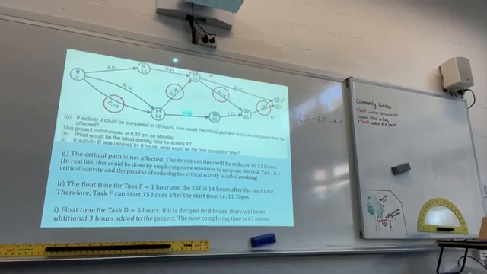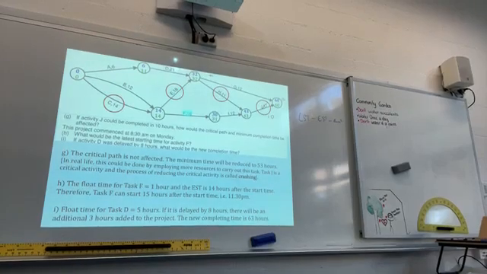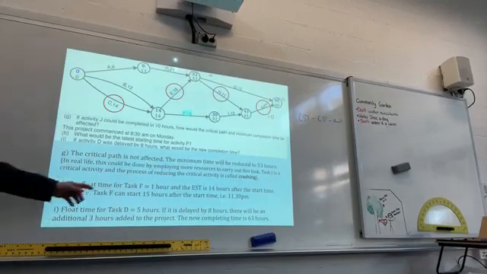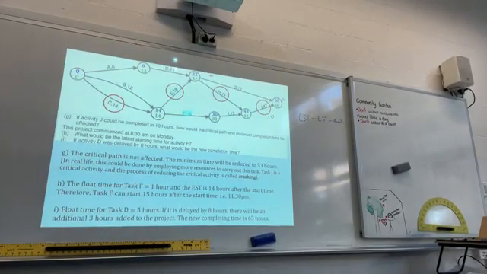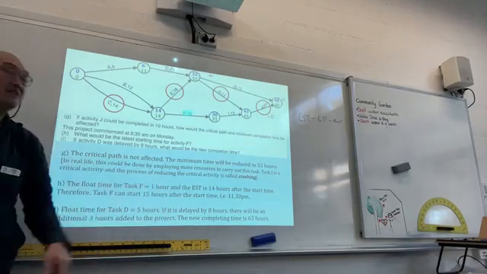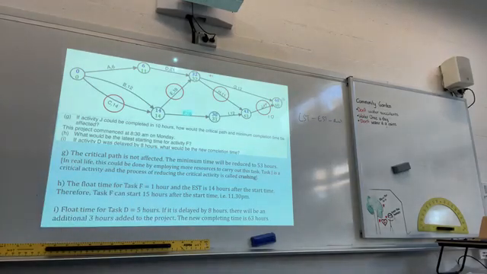So 14 plus 8 is 22, which is 10 p.m., correct? And that's half an hour, so 10:30 p.m. Therefore, it can start 15 hours after the start time, which is 11:30 p.m. That sort of question will be difficult in the exam.